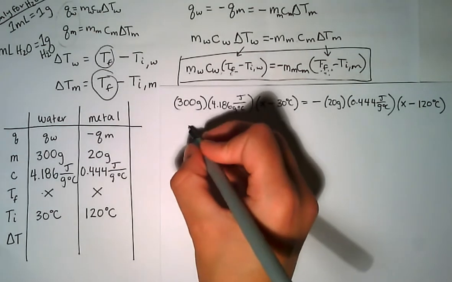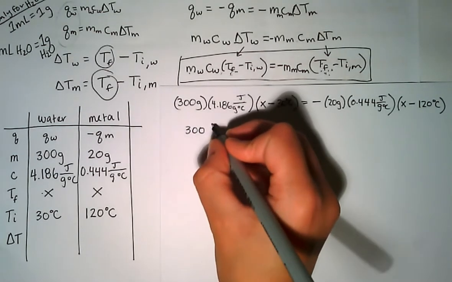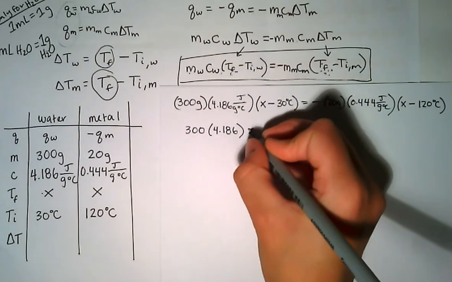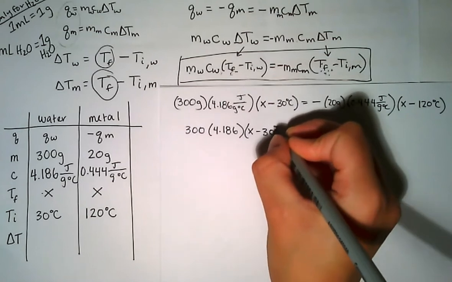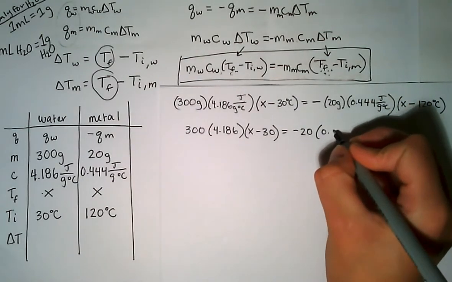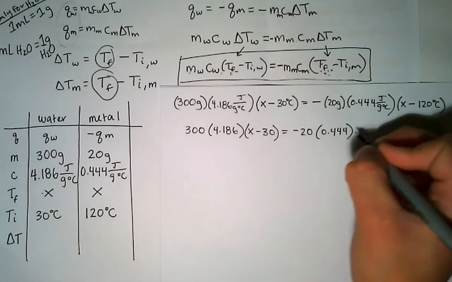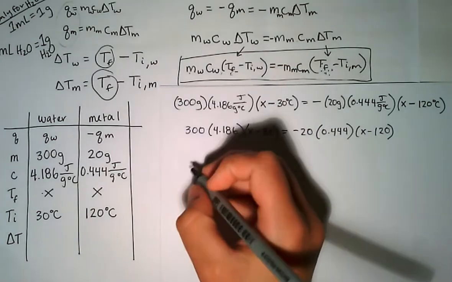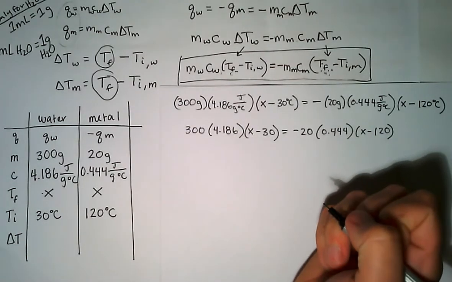So I'm going to rewrite this: 300 times 4.186 times X minus 30 equals negative 20 times 0.444 times X minus 120. Okay, so now this looks a little bit easier for me to look at.